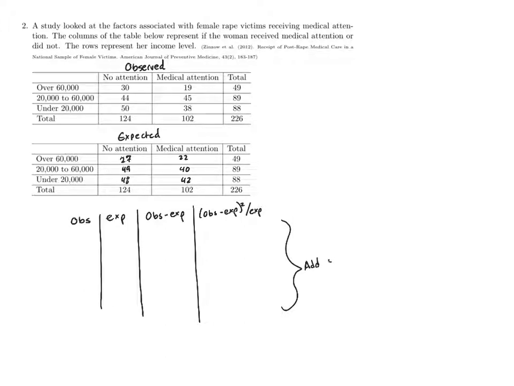I'll list my observed values first, then my expected. After I list my observed and my expected, I'll subtract them. After I've subtracted them, the next step will be to square those. And in the same step where I square them, I'll divide it by my expected. My step after that will be to add these up. And that will give me my chi-squared.